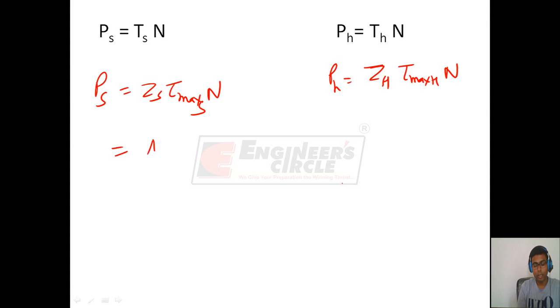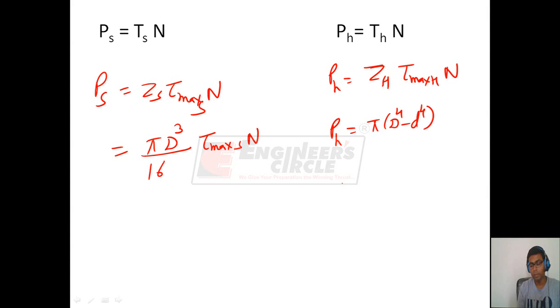Therefore for the solid shaft we can write pi D cube by 16 into tau max solid into N, and power of hollow as pi (D4 minus d4) by 32 into D by 2 into tau max hollow into N.